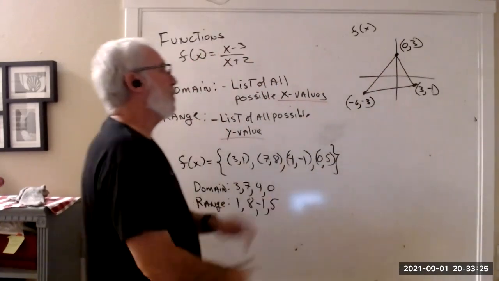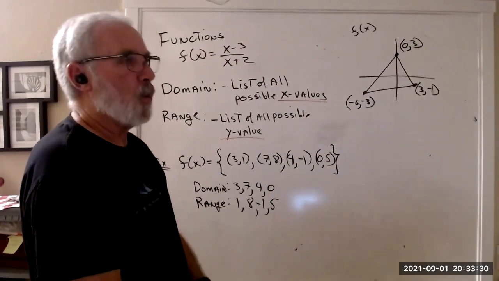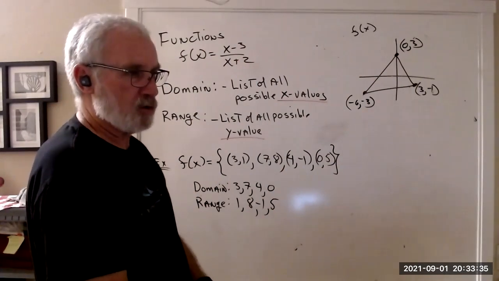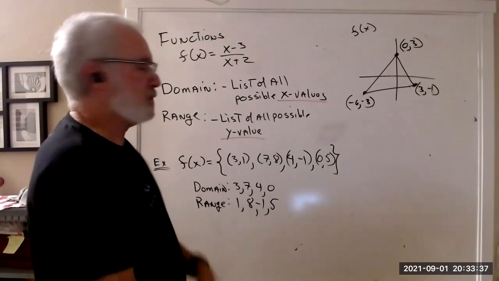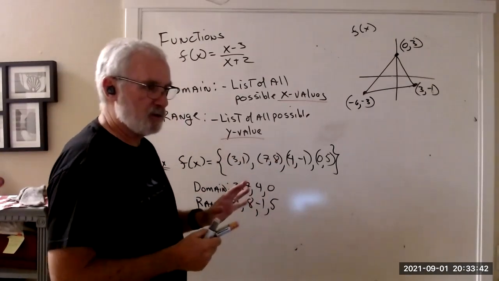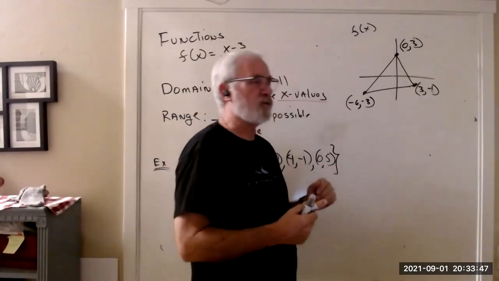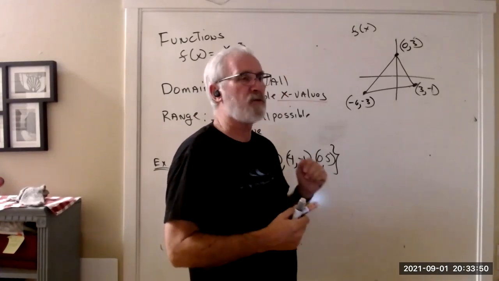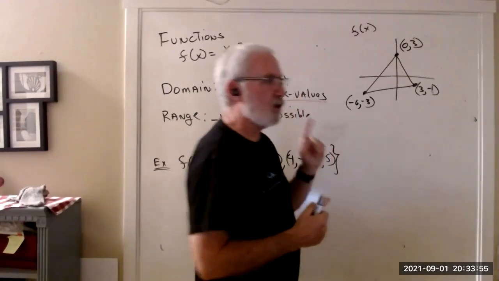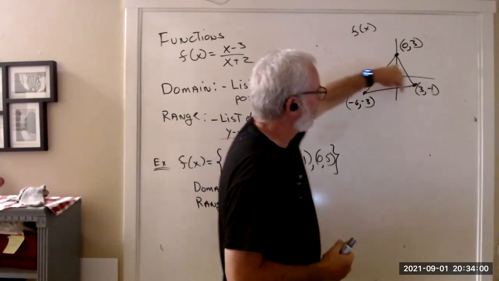Okay. So now, remember I said I'm going to try and mess with your heads. What's the domain and range of this picture? It was easy when I gave you these points. Hang on, I'm going to show it to you. And then I'll have you guys try one or two. Okay, the domain and range of this. Domain is all of the X's. So hold on. The X's go from -6 to 3.